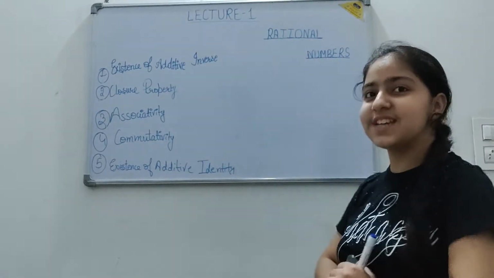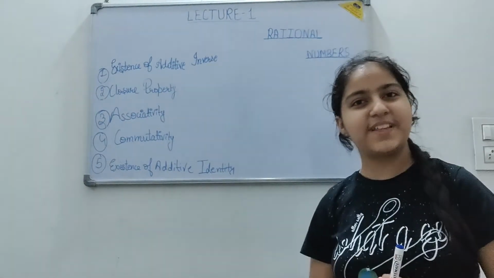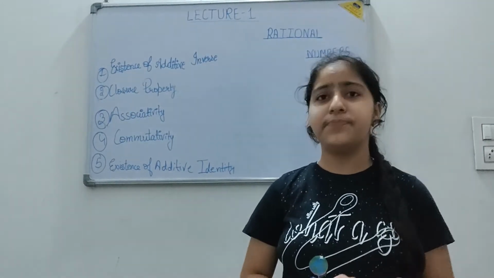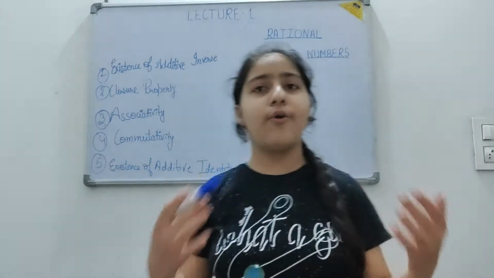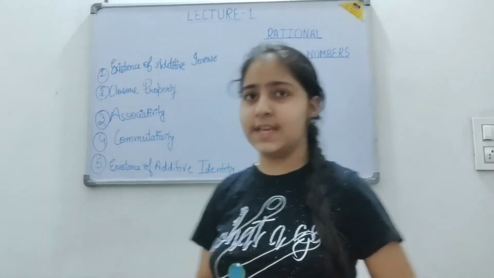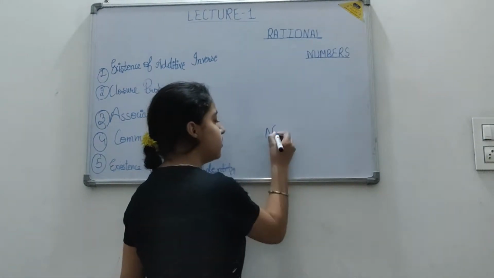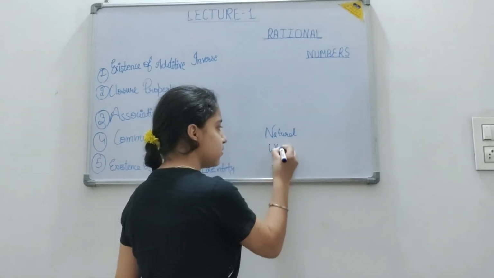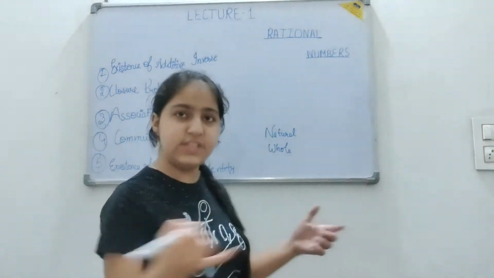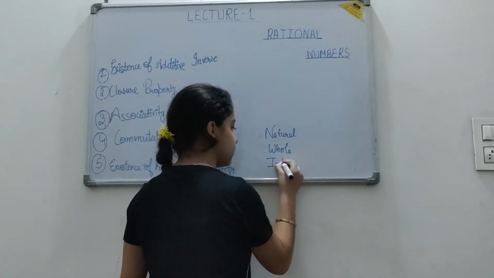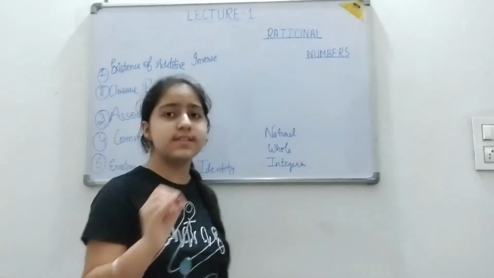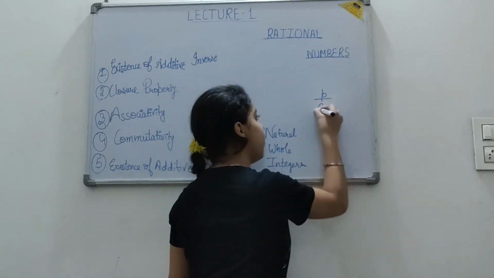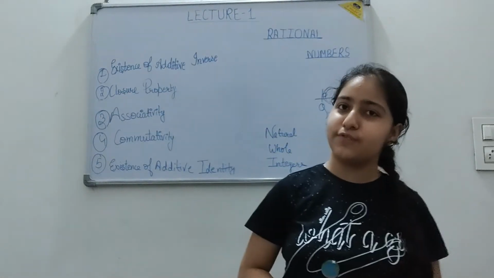So today we are going to start with lecture number 1 of mathematics, rational numbers. So what are rational numbers basically? Rational numbers include all types of numbers, whether natural numbers, whole numbers, or integers, all the numbers, and they always exist in p over q form, in fractional form.